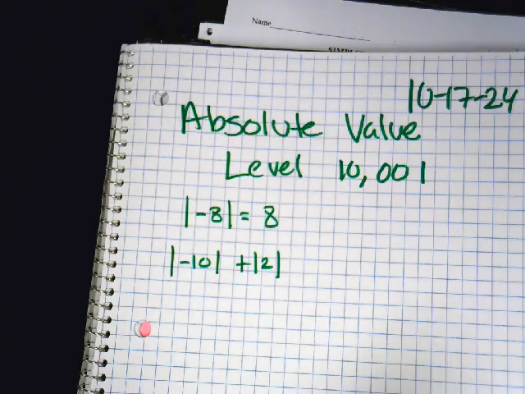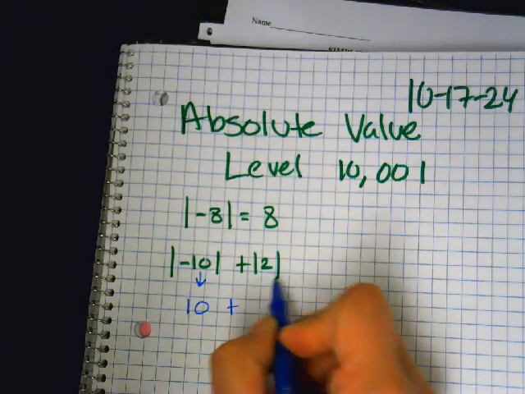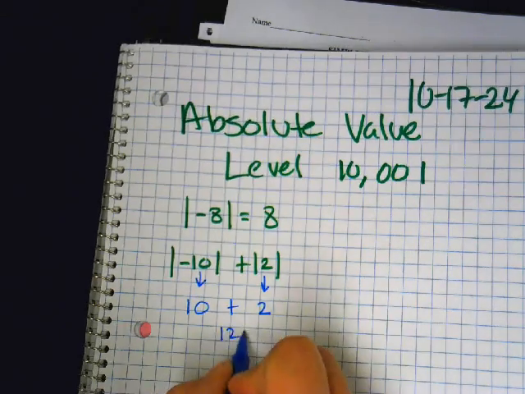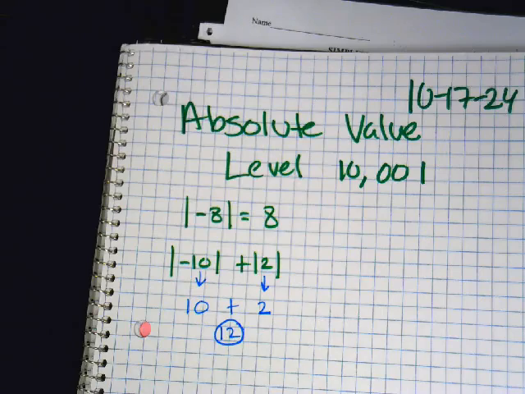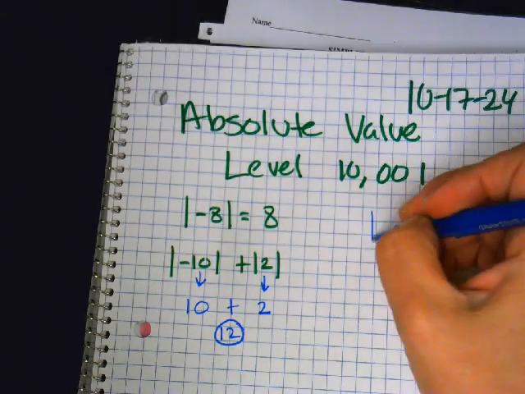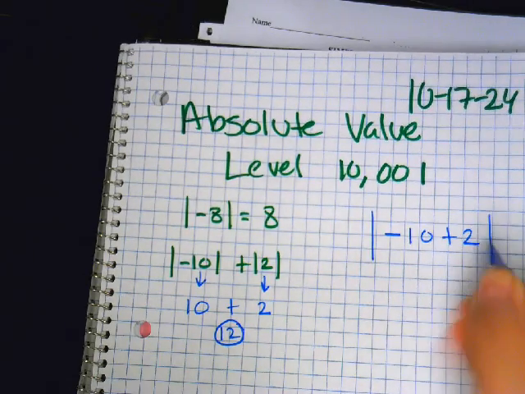So absolute value of negative 10 is 10, plus absolute value of 2 is 2. What's 10 plus 2? 12. We're done. Then yesterday I showed you what happens when it's the whole problem inside.